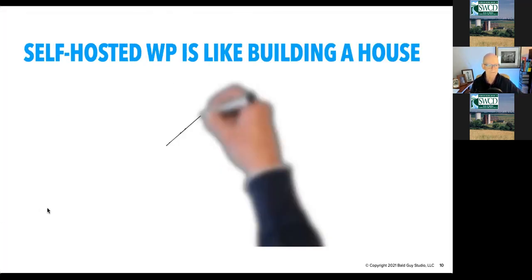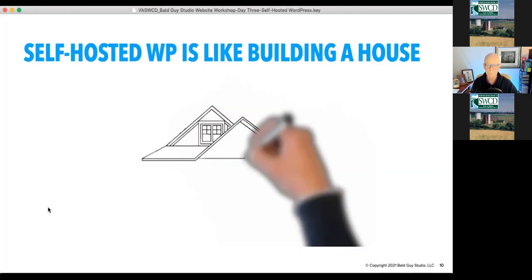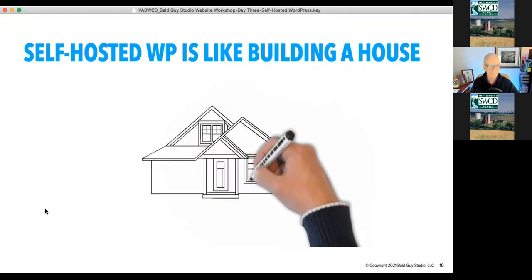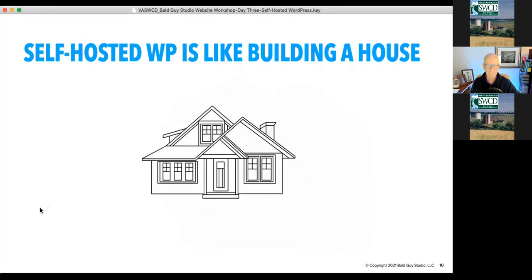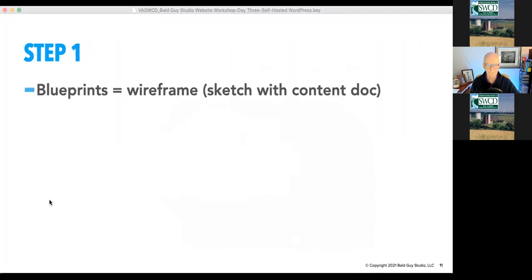So let's extend this metaphor about building a house and see how that relates to self-hosted WordPress websites. So here's my little doodle. So let's go ahead and build this house. So the very first thing that you would do if you were building a house is get blueprints, right?